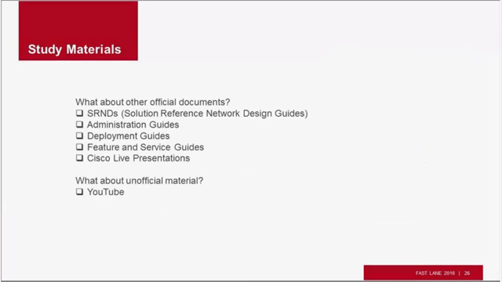What about other official documents? SRNDs, administration guides, deployment guides, feature and service guides, Cisco Live presentations. We have all sorts of official documents that we can look for. And we have some unofficial material. For example, there's a lot of YouTube content out there.